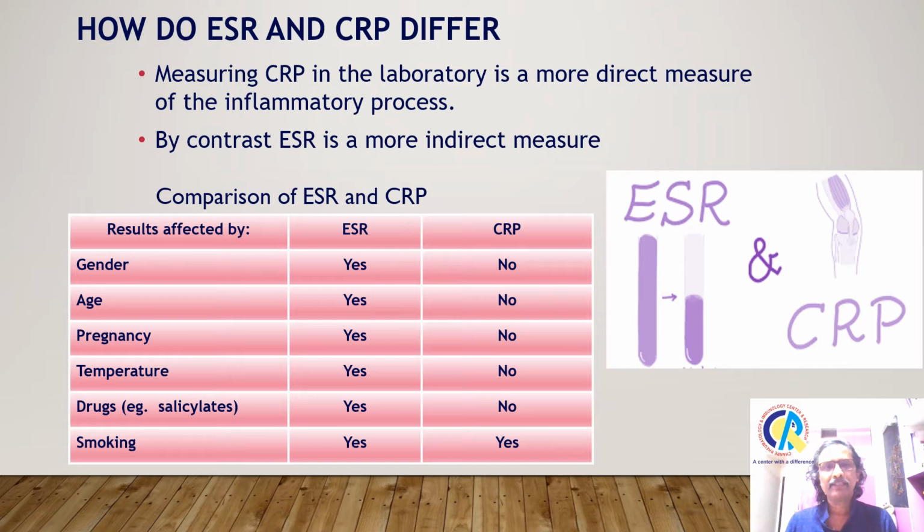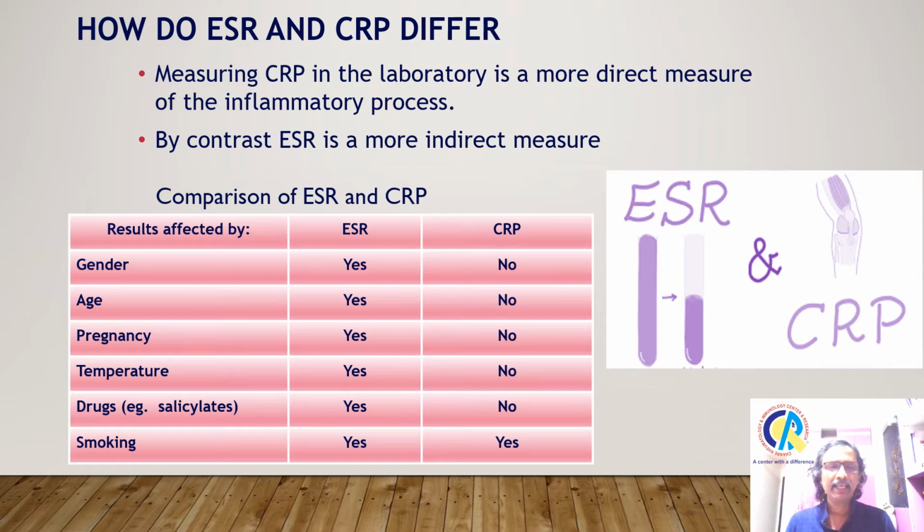CRP is one of the direct measures of the inflammatory process, because CRP is secreted in response to the inflammatory cytokine, whereas erythrocyte sedimentation rate, ESR, is more of an indirect measure because an increase in ESR reflects an increase in fibrinogen. The increase in fibrinogen is a direct effect of the inflammatory cytokine.